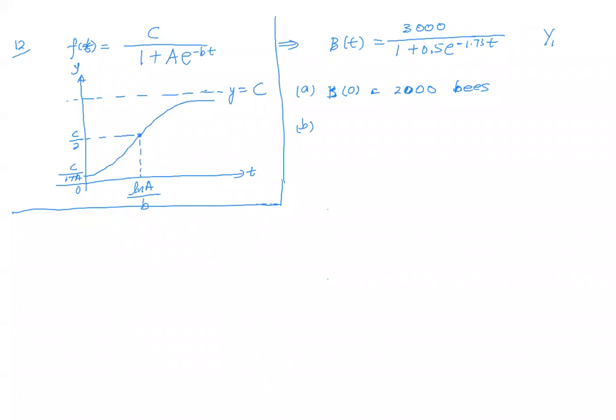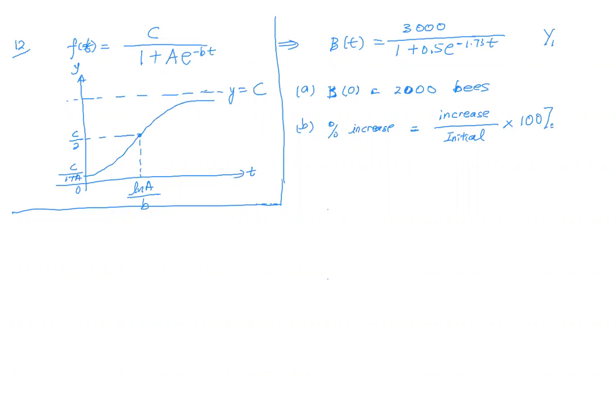Find the percentage increase in the population after 1 month. When you talk about percentage increase, please take the increase divided by the initial, times 100%.